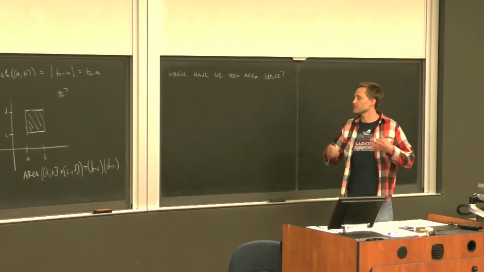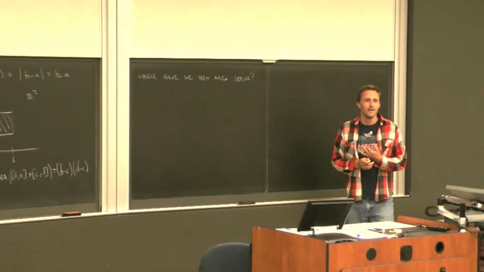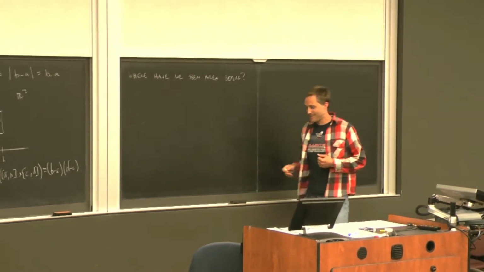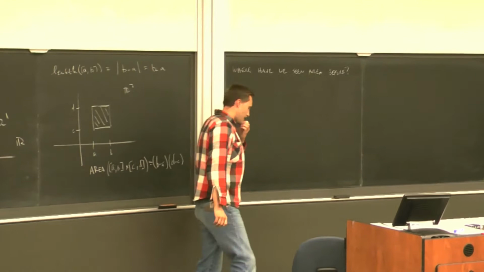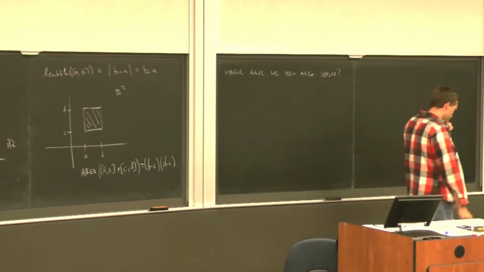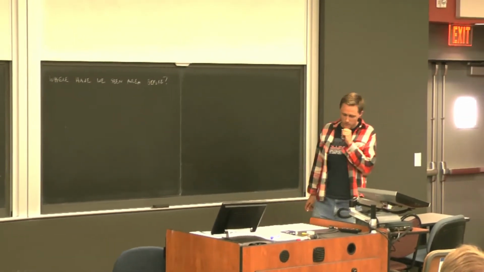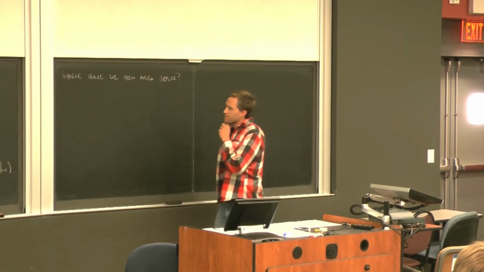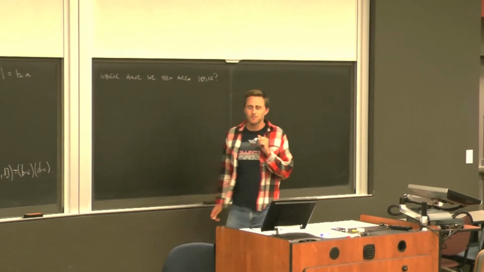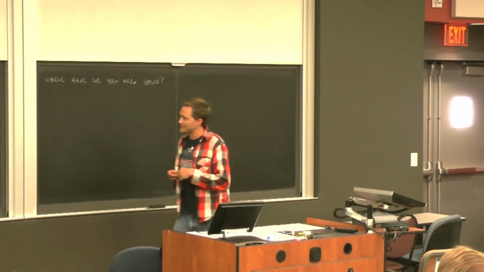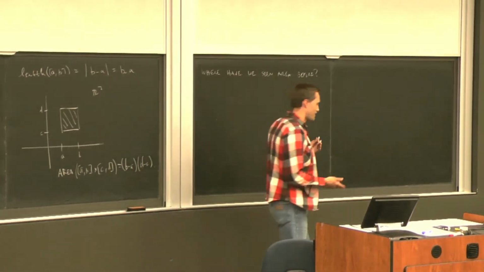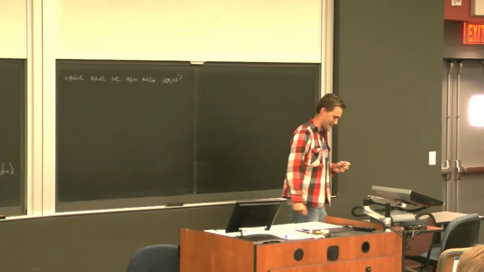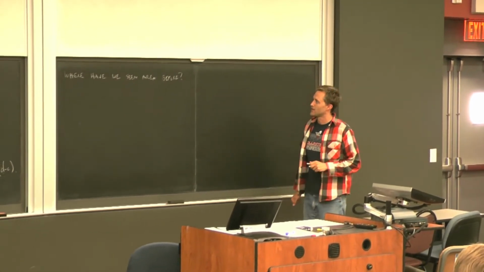Where's maybe the first place you've seen area? I guess maybe in geometry, right? Geometry is basically based on this idea that the rectangle has this area, so we get areas of triangles and such.